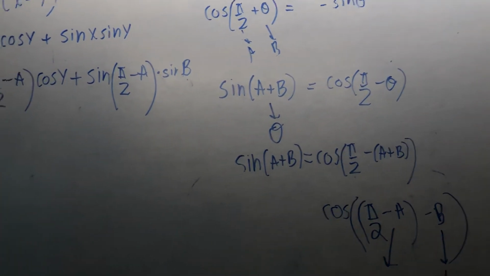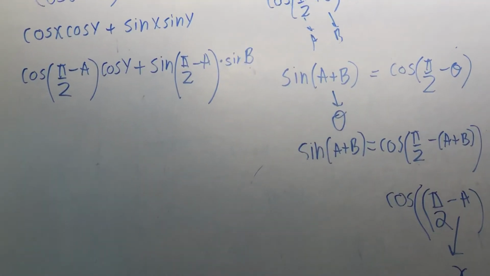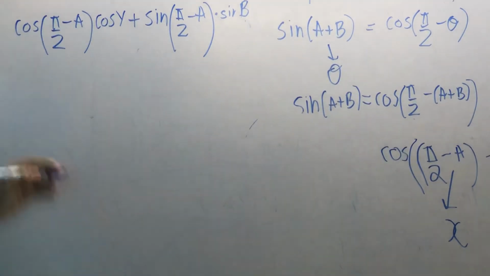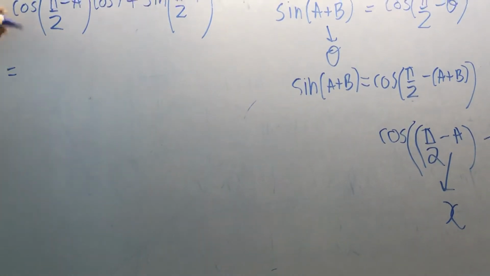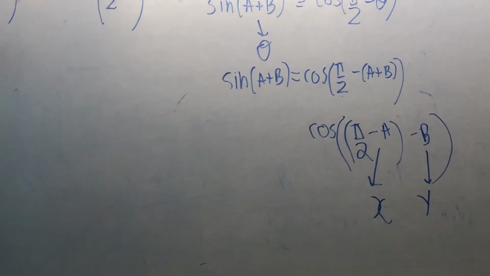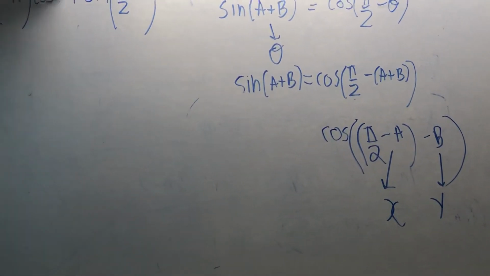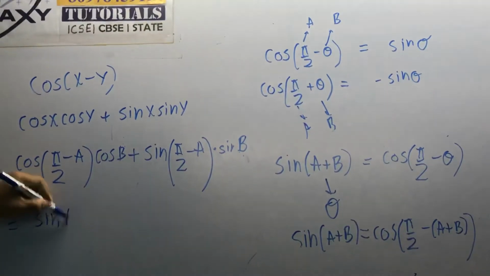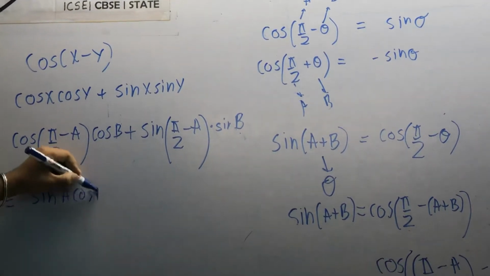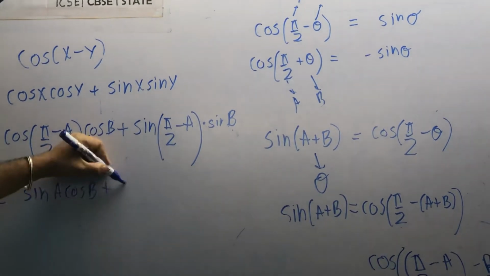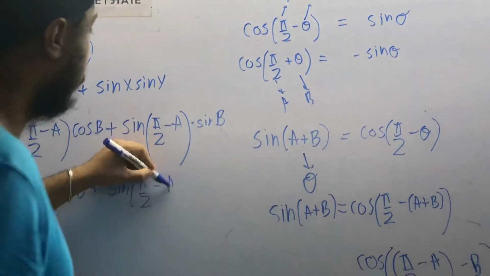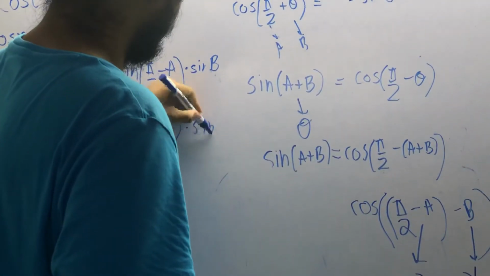Okay, now we just have to open this. So cos pi by 2 minus a is how much? Cos pi by 2 minus a is sin a. So sin a cos b plus sin pi by 2 minus a, I will show you how to find this, into sin b.